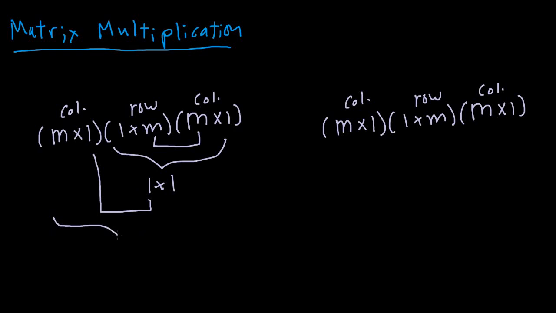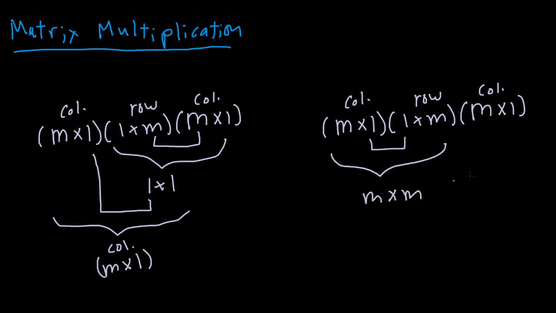This whole thing is an m by 1 matrix, which is just a column vector. So that's the first way you could do it. But the other way you could do it is by contracting this 1 right here, and this whole thing is an m by m square matrix.